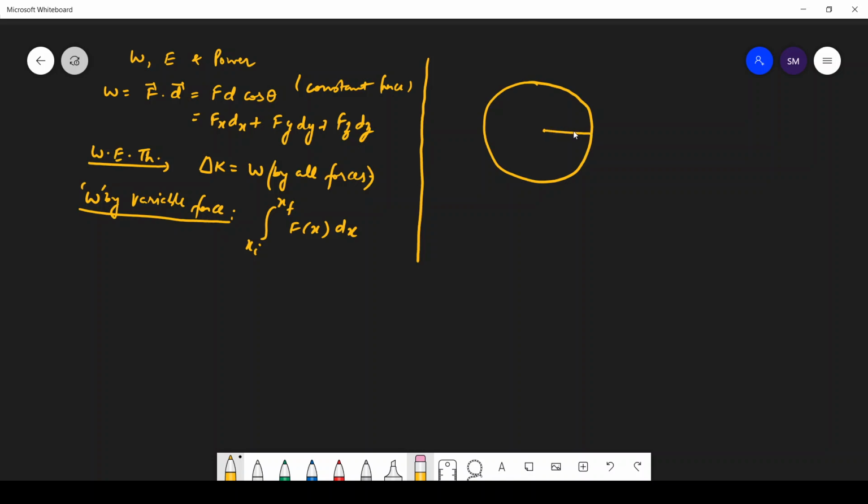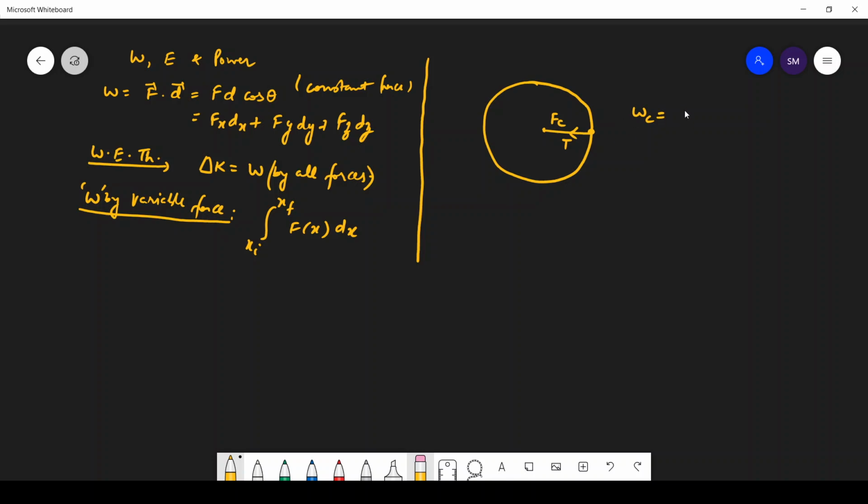If we have a string, then this is the tension in the string which is providing the centripetal force, and this object is moving in the circle and a string is attached to it. We have studied the work done by this force. So what is the work done by this centripetal force?